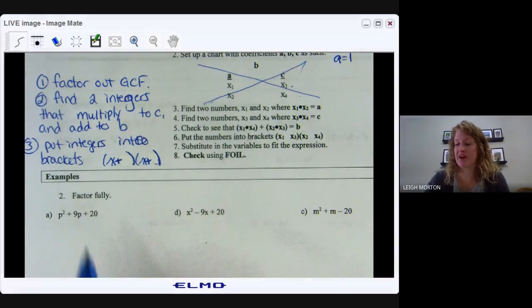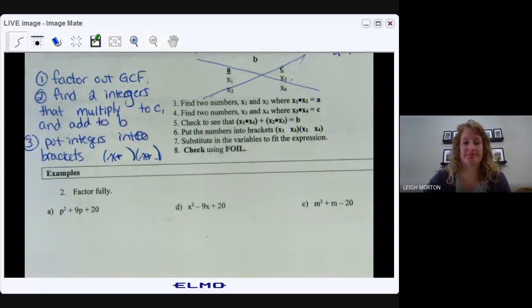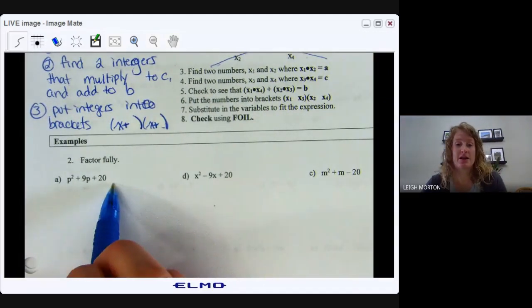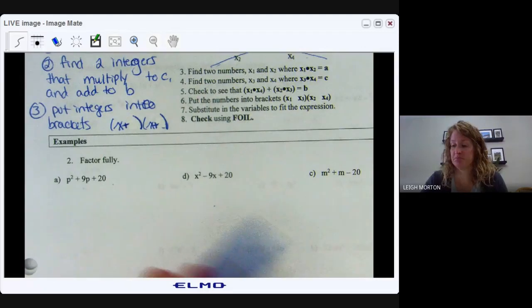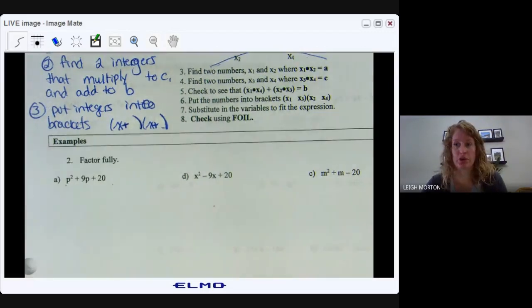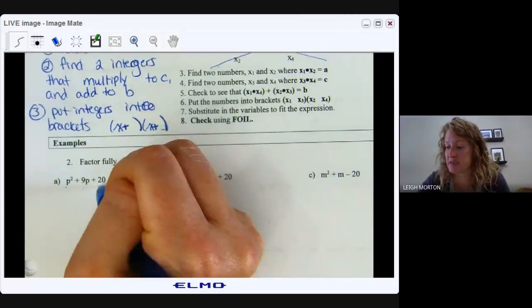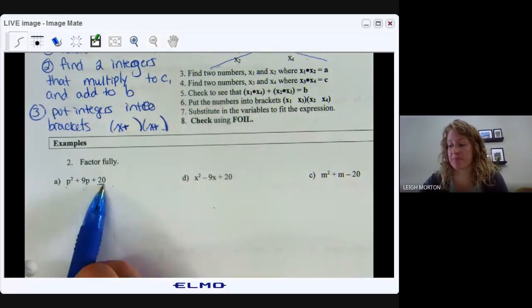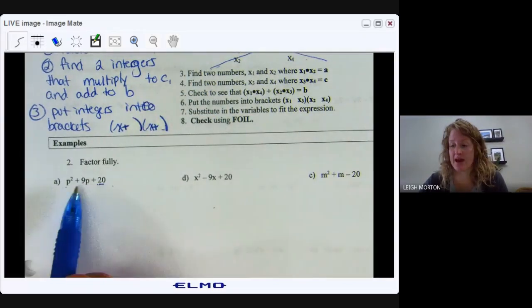All right, so factor fully. If we look at our first expression, p squared plus 9p plus 20. Is there a common factor? Our a value is already 1. We're good. We're going to go into our next step. So I'm going to look at c, which is 20. And I need to find two numbers that multiply to 20 and add to 9.